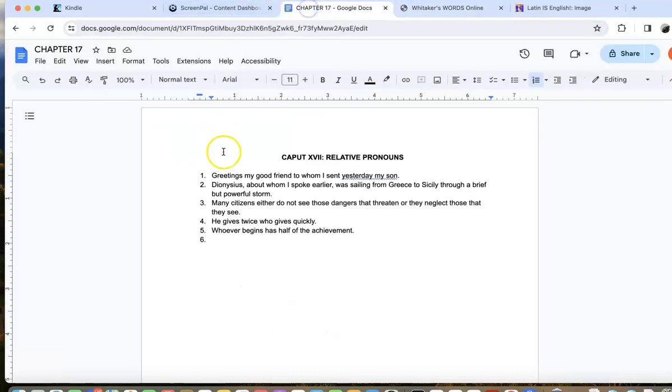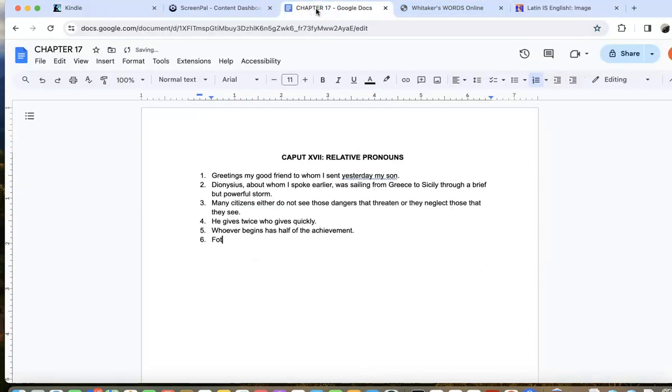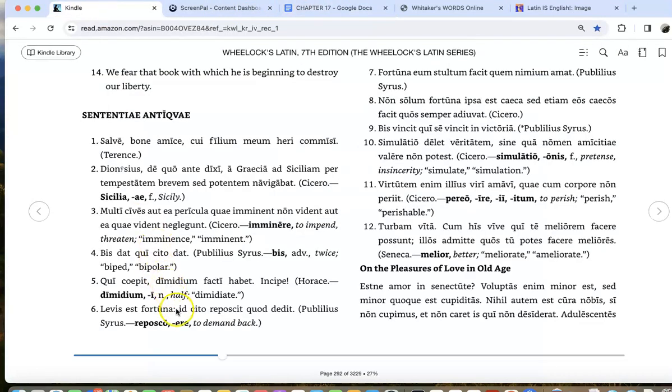This one, you're going to have to decide which one you think works best. So fortune is fickle, is probably so here fortune is the main subject, and then this is an adjective which they put first. So fortune is fickle. Fortune is fickle.